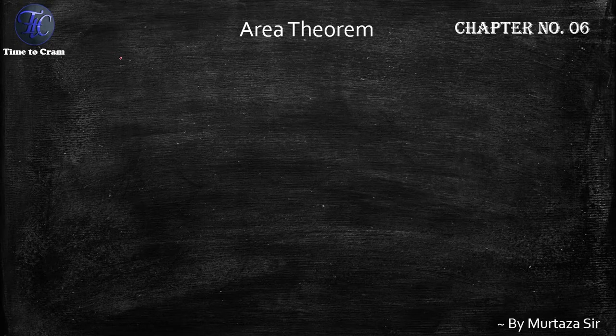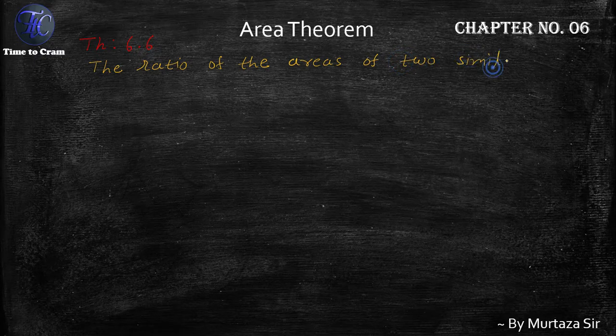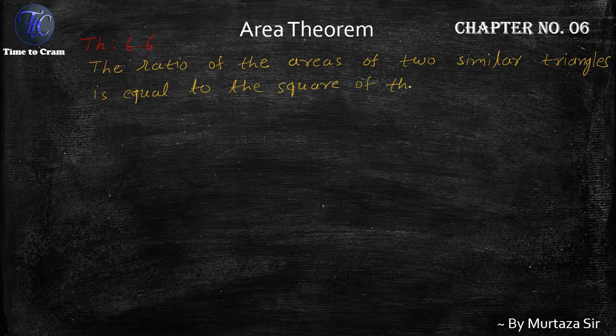Theorem 6.6. What is Theorem 6.6? The ratio of the areas of two similar triangles is always equal to the square of the ratio of their corresponding sides.